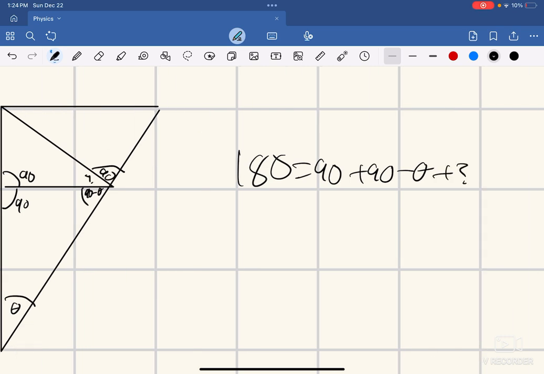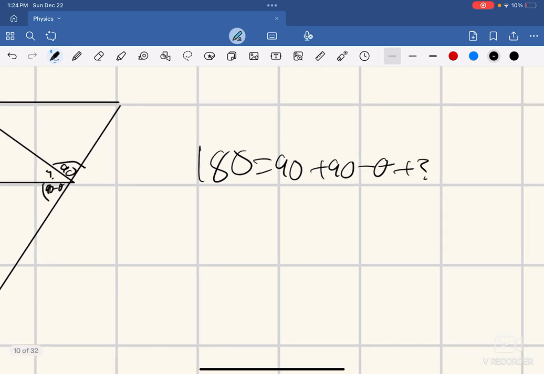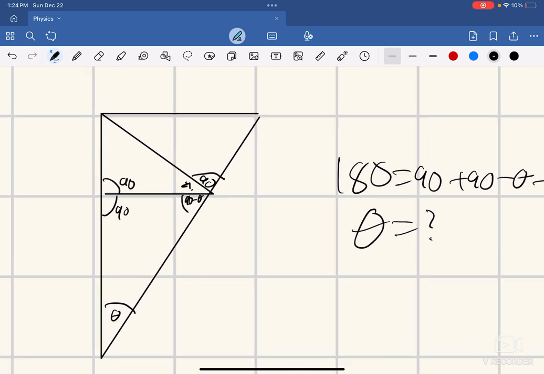To solve this, we can isolate, and it becomes theta is equal to the question mark. So this angle right here is just theta.